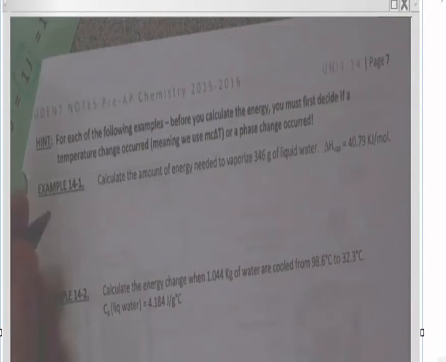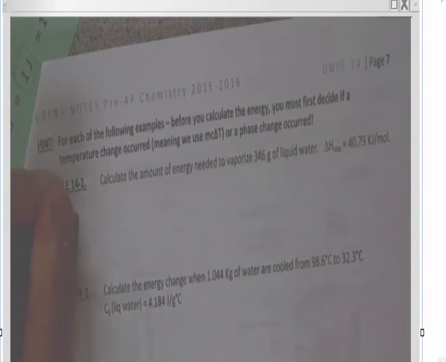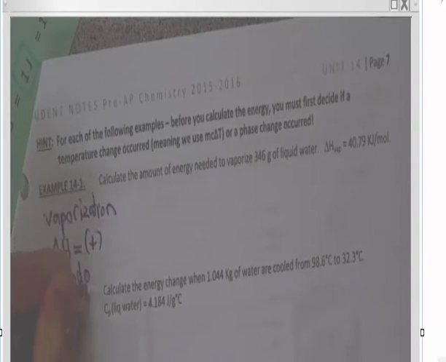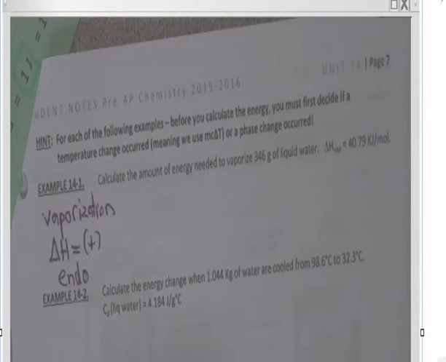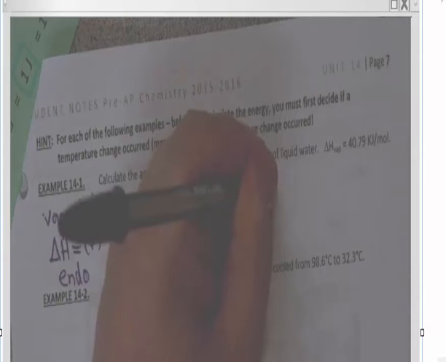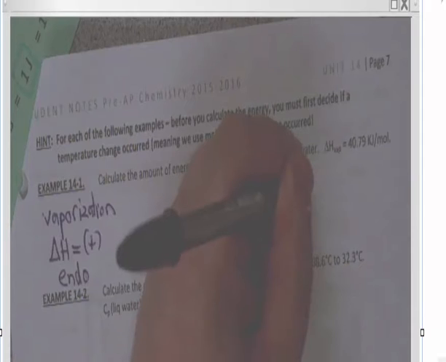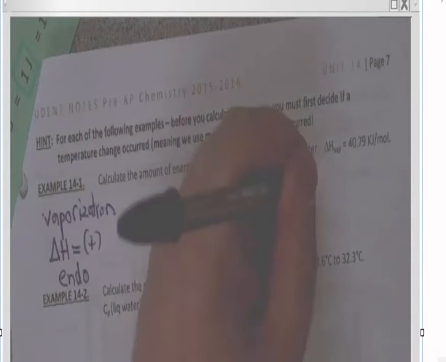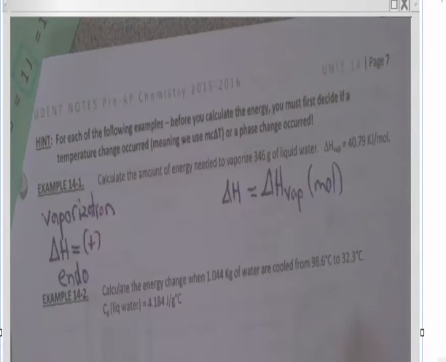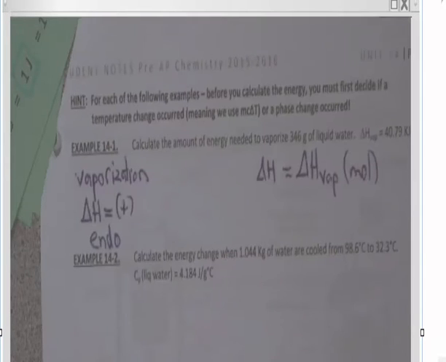Here I see that we are vaporizing, which means that delta H is going to be positive, which is endo. So we use delta H of vaporization times moles equals delta H. I think that's the equation we're going to use.